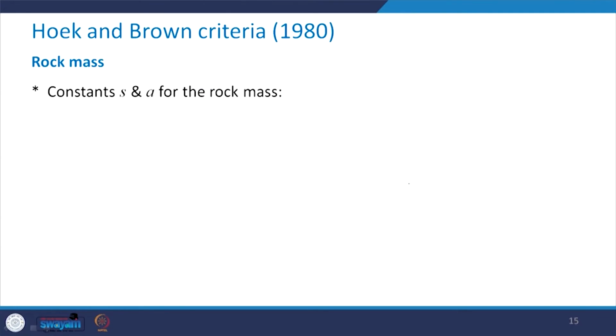These constants s and a for the rock mass can typically be determined by these expressions: s is equal to exponential of (GSI minus 100) divided by (9 minus 3D).